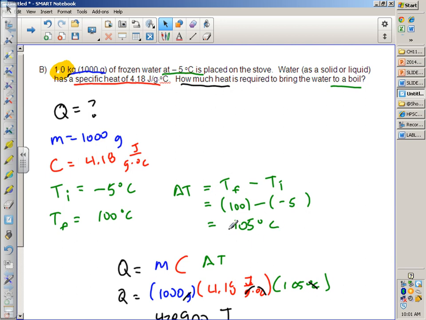But if something cools down, its final temperature would be lower than its initial temperature, right? If something cools down, it gets to a smaller number. So when you go to do delta T, you're going to end up with a negative number. That's okay. That happens, all right? We have to make sure we account for what we're actually recording, though. Okay? Good there. All right.